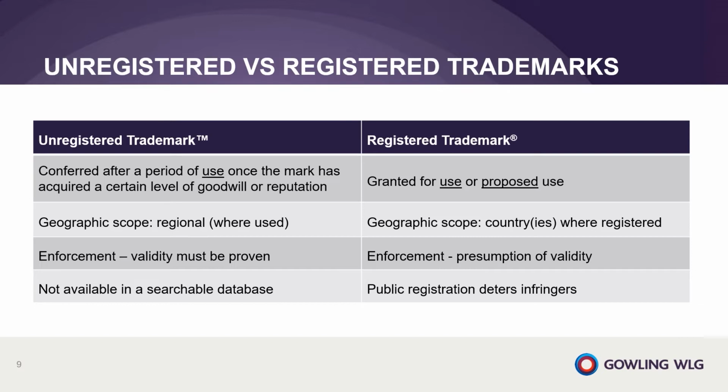Another benefit of registering a trademark is that it provides the trademark owner with a presumption of validity, meaning that in an enforcement proceeding against an infringer, the defendant would have to prove invalidity of the trademark. In contrast, enforcing an unregistered trademark would place the burden on the trademark owner to prove, among other things, that there was sufficient reputation to identify the distinctiveness of the owner's goods or services in association with the unregistered trademark in the mind of the consumer.